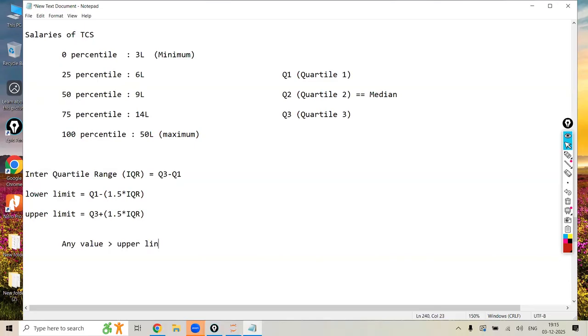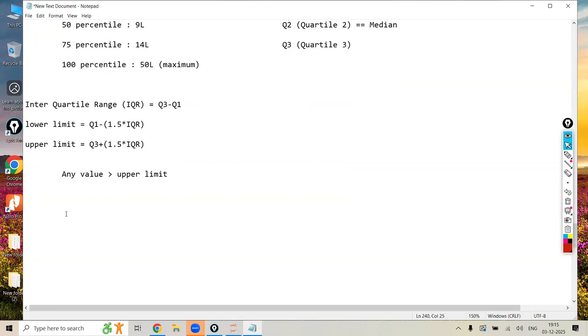If any value is greater than the upper limit, greater only, not equal to, only greater, or any value less than the lower limit, they are called outliers.